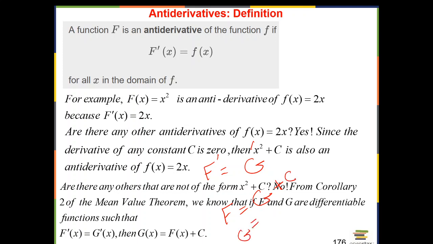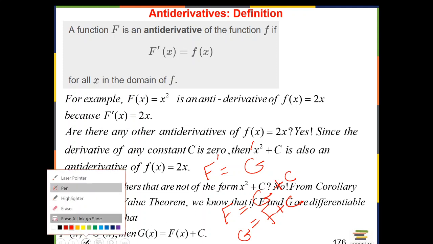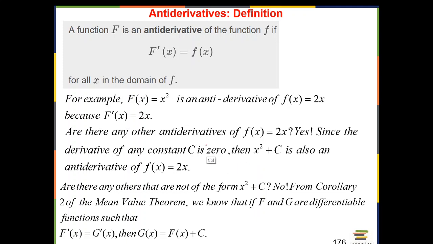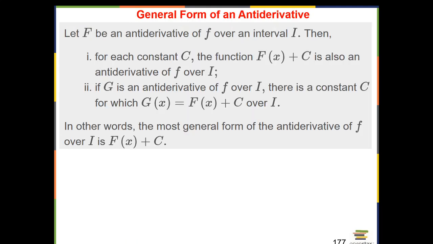You write g equals f plus c, right? So if we have any other answers, they're all going to be of this form. Okay, so general form of an antiderivative, and we talked about that already. You can stop the video and read it, but I'm going to do an example.